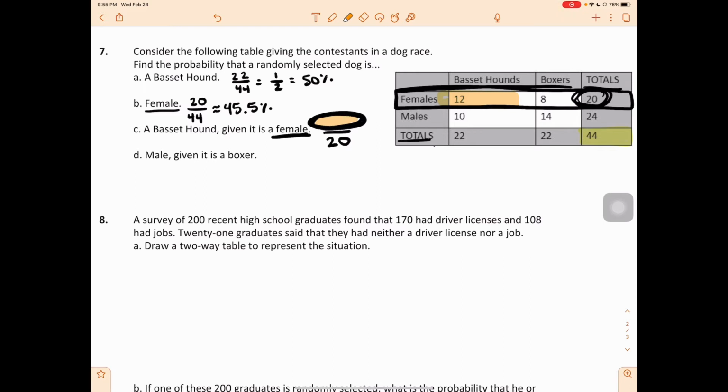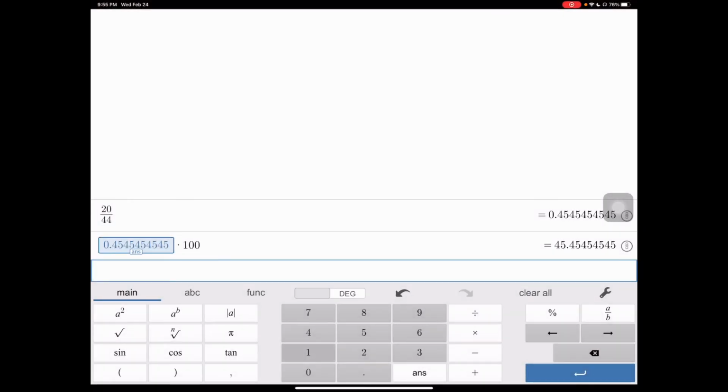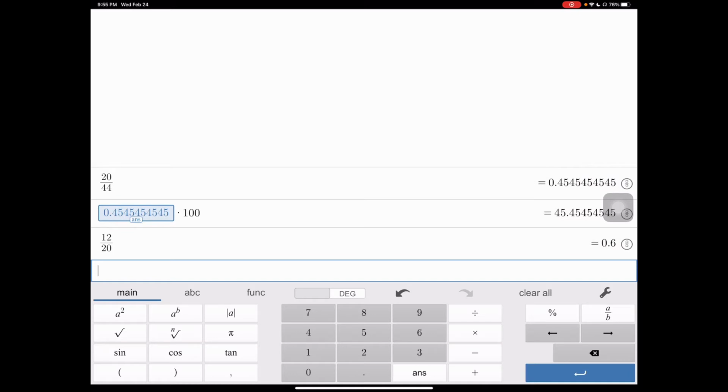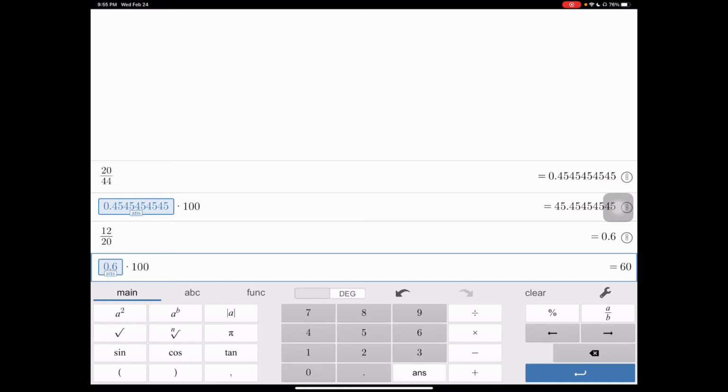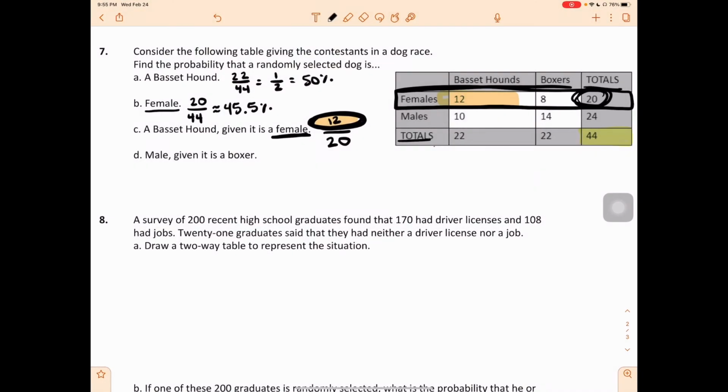So we know there's 20 females here, and only 12 of them are basset hounds. Okay, so here, if you wanted to divide that to get the percentage, 12 divided by 20, 0.6 times 100, 60%. So there is a 60% chance that a randomly selected female is a basset hound.